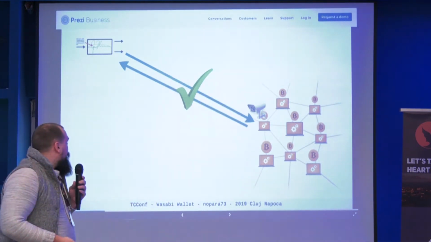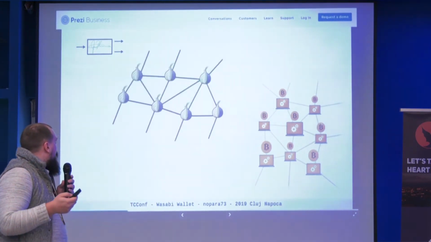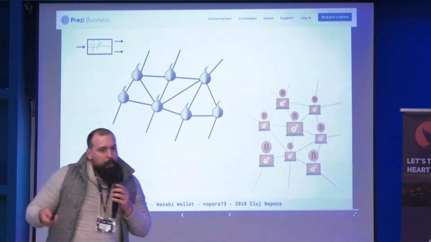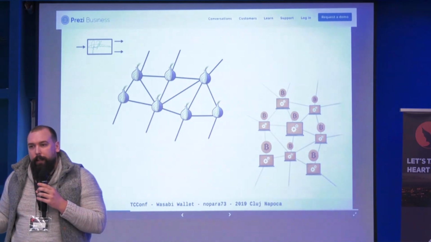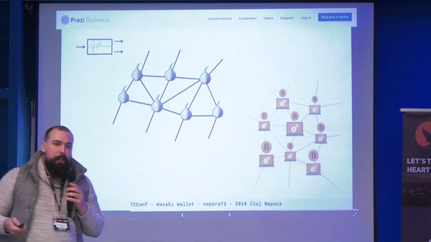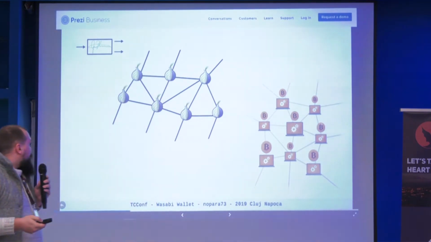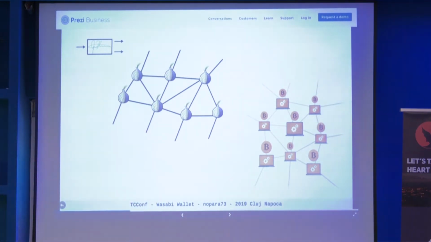For example, we put it through another network, which is called the Tor network. It's an anonymity network, and we broadcast our transactions through it.